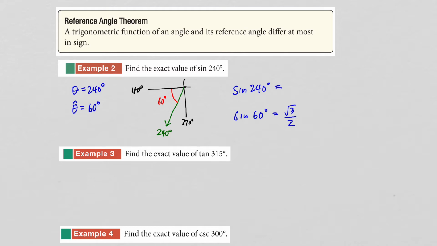So that means the sine of 240 degrees is also going to be square root of 3 over 2. The only question is, is it positive or is it negative? Well, the original angle, 240 degrees, belongs to the third quadrant, and in the third quadrant sine is negative, so the sine of 240 must be negative square root of 3 over 2.